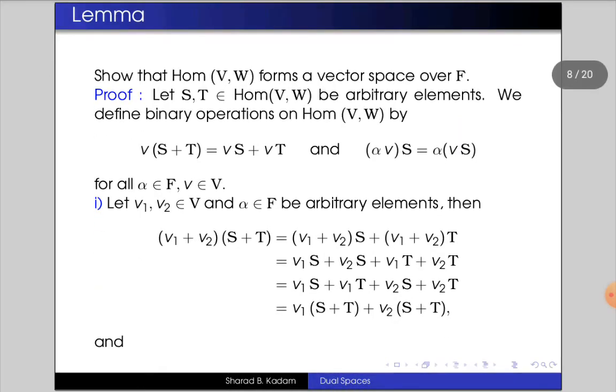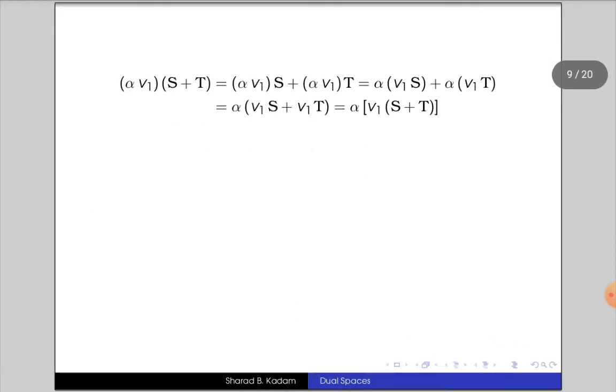And (S plus T) of (alpha V1) equals S of (alpha V1) plus T of (alpha V1), which equals alpha into S of V1 plus alpha into T of V1, which equals alpha into (S of V1 plus T of V1), which equals alpha into (S plus T) of V1.